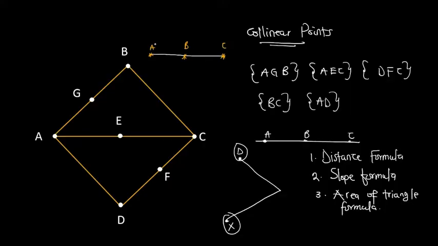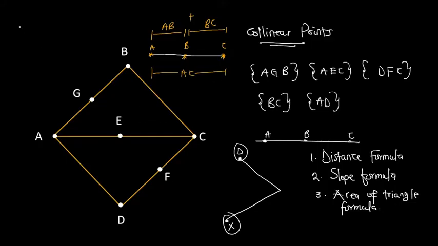Then it means the distance AB plus the distance BC should be equal to the distance AC. So I'll say that again. If the points A, B, and C are collinear, it means the distance AB and the distance BC, if we add the two, should be equal to the distance AC at the bottom over here.